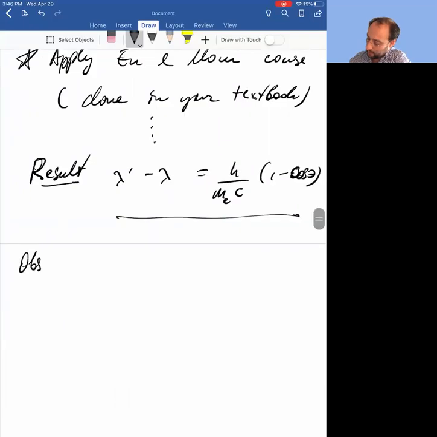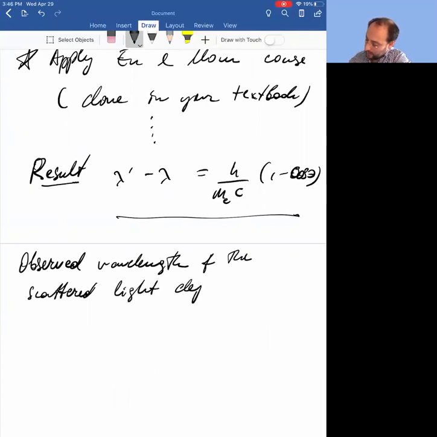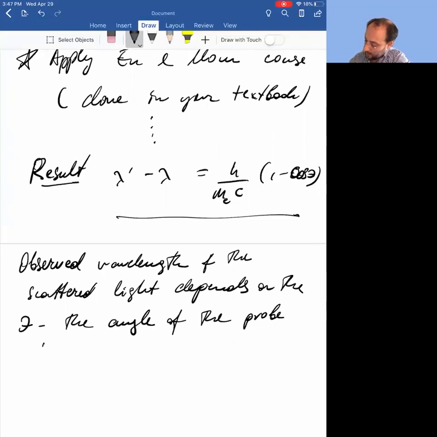So the observed wavelength of the scattered light depends on theta, the angle of the probe that's collecting light.